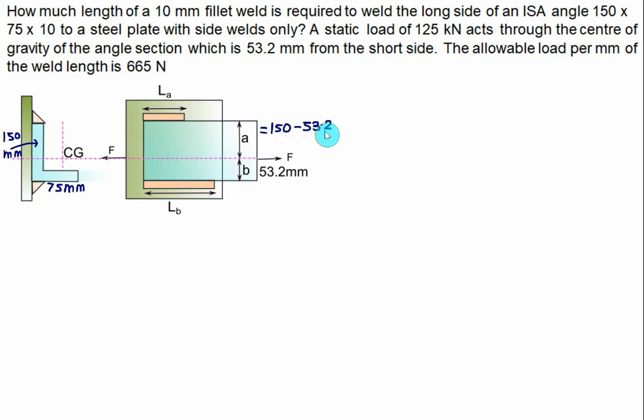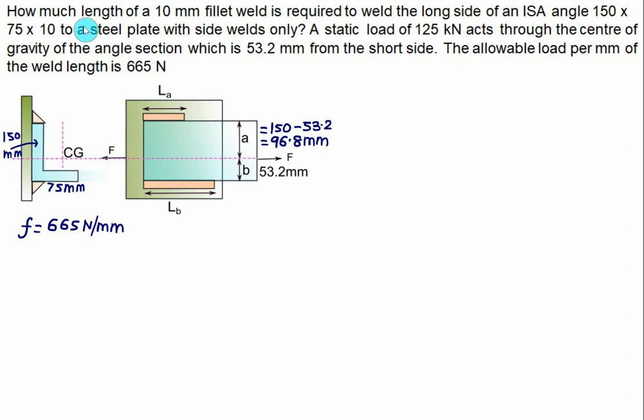Indirectly he has given us the distance of the top weld from the center of gravity axis, which is 96.8 mm, and the allowed load per mm of weld length is 665 Newton. So we are given the value of F, which is equal to 665 Newton per mm.